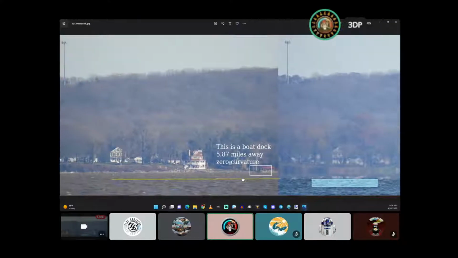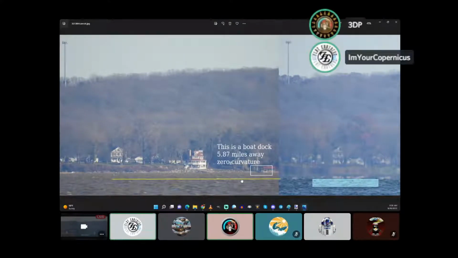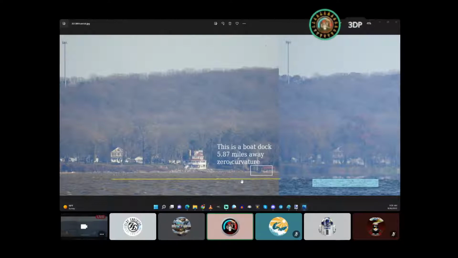I was going to ask you if you felt this was barrel distortion in the lens, or if it is something that is due to the magnification effect that's made that feature more pronounced. It very well could be.